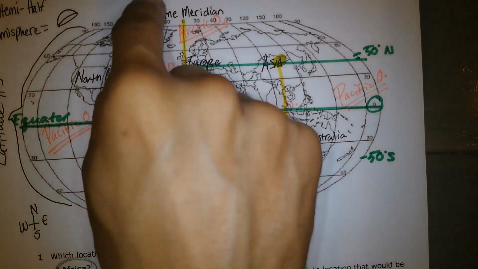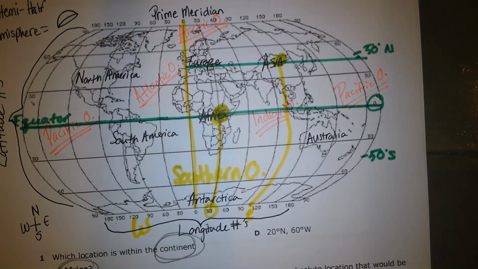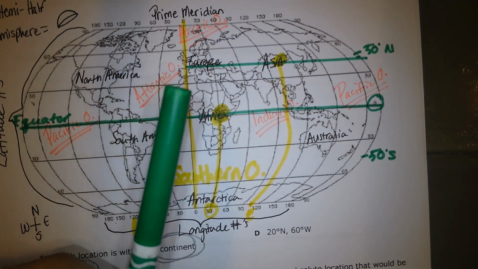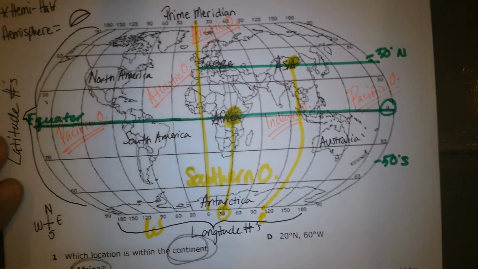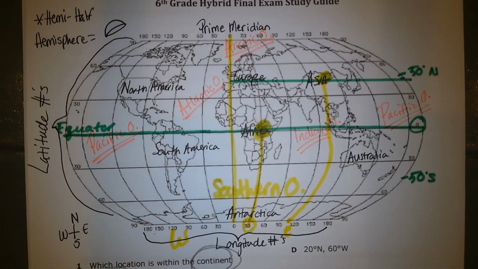Again, latitude, longitude. If you have 2 different colors, like me, green for latitude, yellow for longitude, that would really help. Go ahead and press pause on the video so you can try it out for yourself. If you have, good job. Go ahead and continue playing the video and see if you got it right.